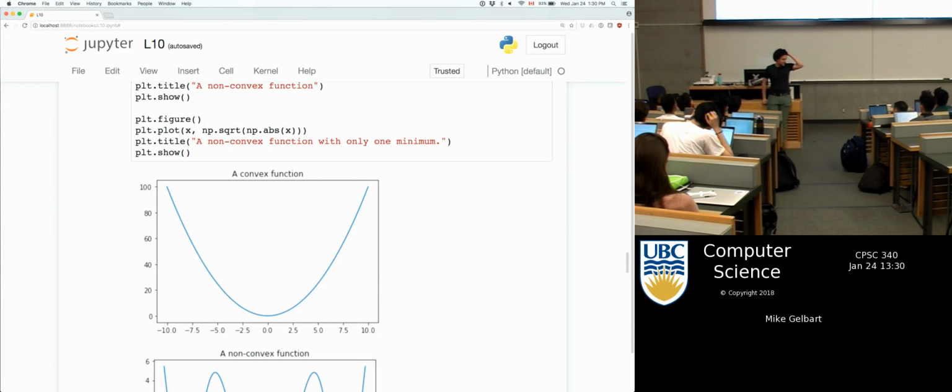So the reason why we care about all this stuff is if we can understand some properties of the function we're optimizing, A, we know how hard life is going to be. Is this a crazy function? Is this a relatively mild function? And B, not only do we know how hard it's going to be, but we can select appropriate methods. Just like dynamic programming I said earlier is this really cool thing for this specific type of problem.